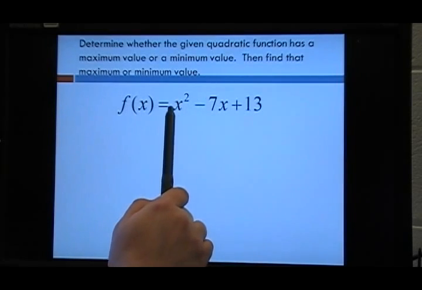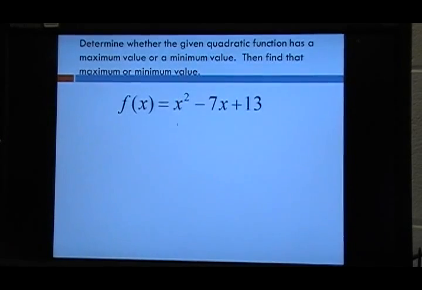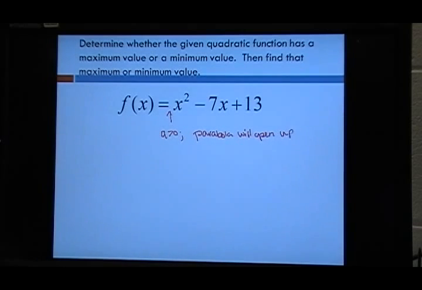I also know that since a is greater than 0, the parabola will open up. So this function is going to look something like this. The question is, does this function have a maximum value or a minimum value? Does it have a highest point?